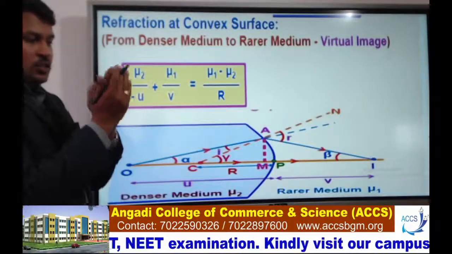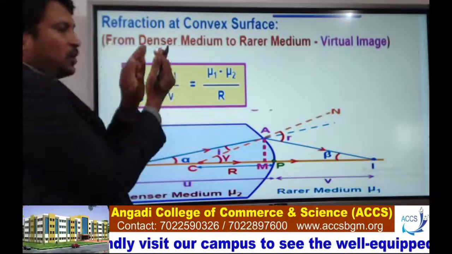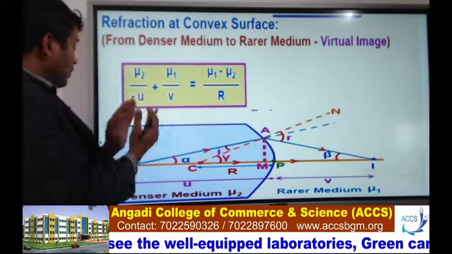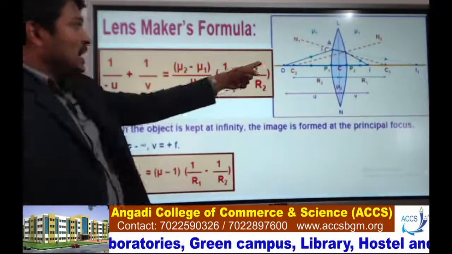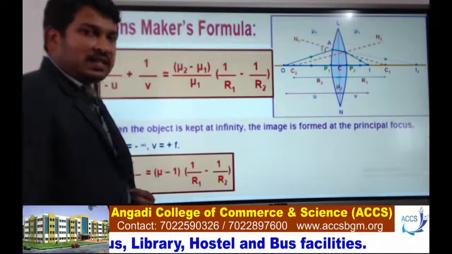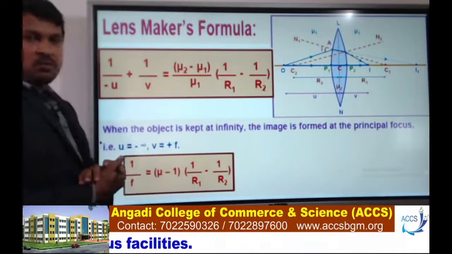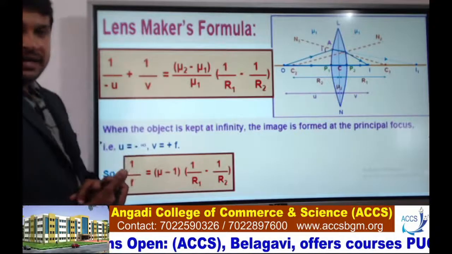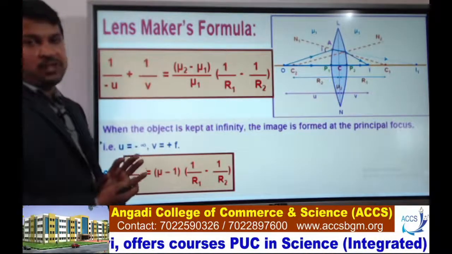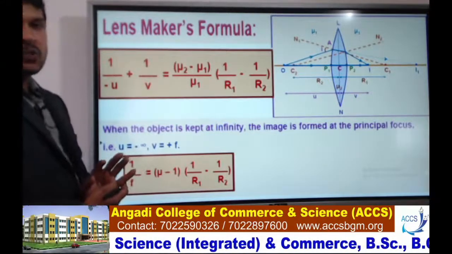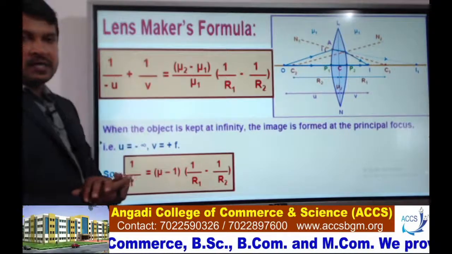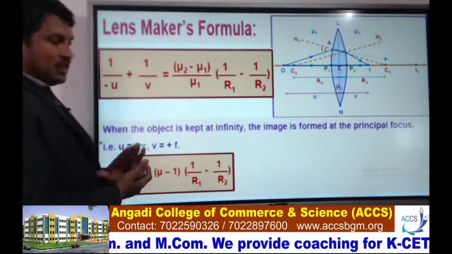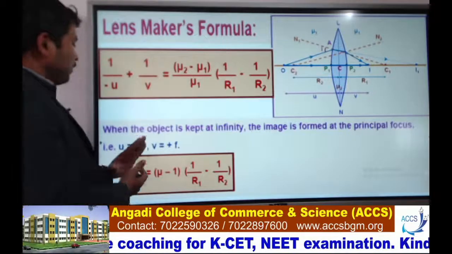By adding these two, this convex and this concave, what can we get here, students? We can get a lens. What is the lens maker's formula? That is 1 by minus U plus 1 by V equals N minus 1 into 1 by R1 minus 1 by R2. But I will simplify this.